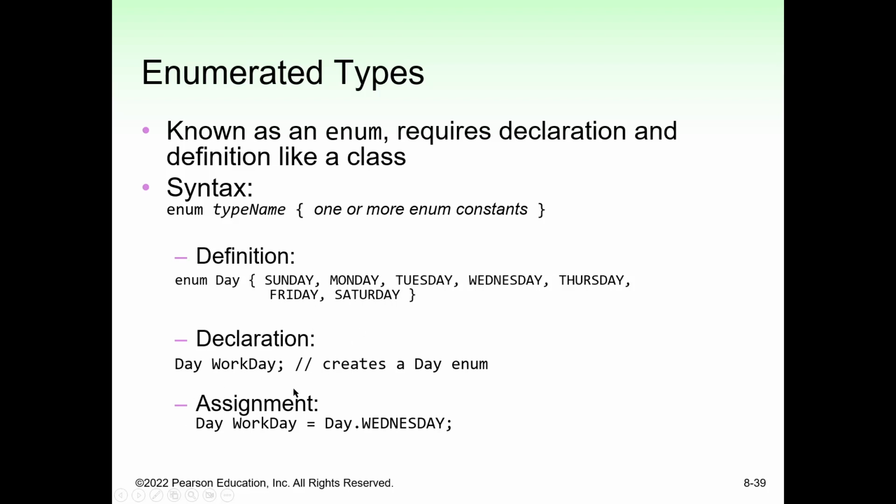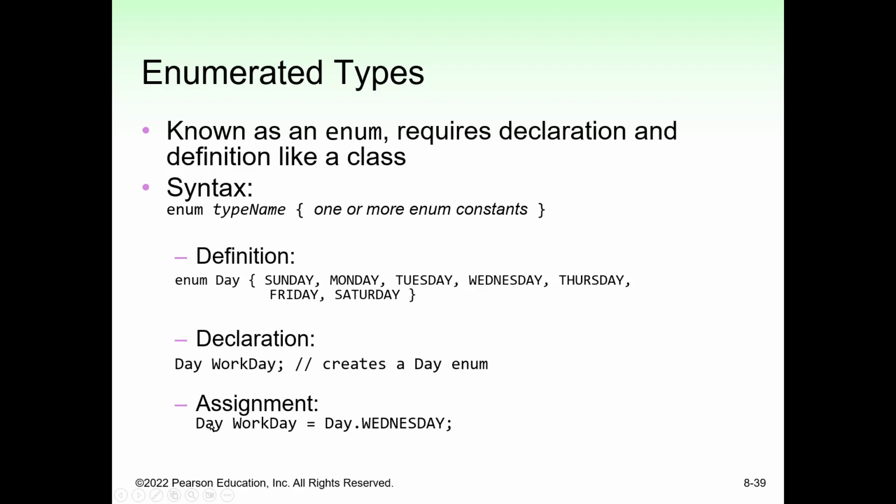And in this case, we are declaring a workday instance of your enumerated type Day. Here's how you would assign a certain value from your definition to your enumerated type.